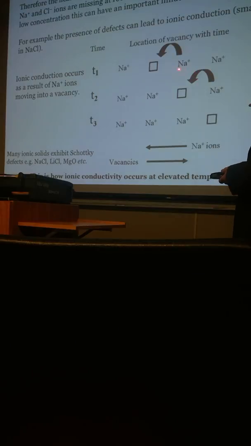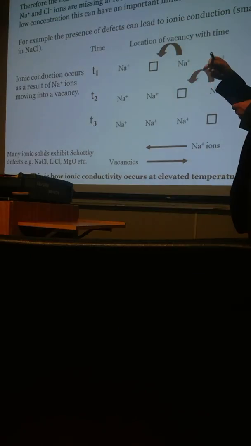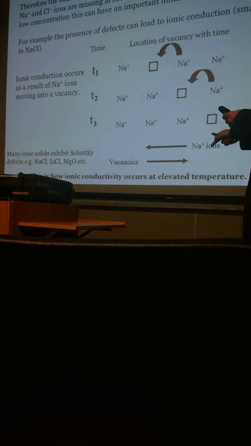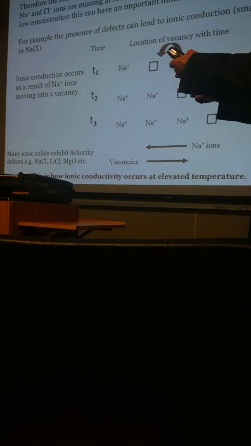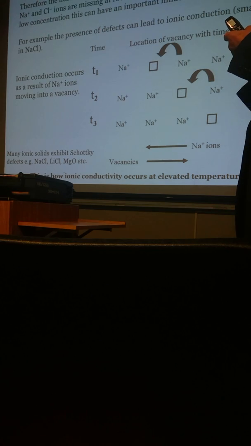And if sodium is moving from one side to the other, and then further to the other side, this means the vacancy is moving in the opposite direction, and this is how ionic conductivity can be induced. So ionic conductivity means either the sodium ion or the chlorine ion can move.